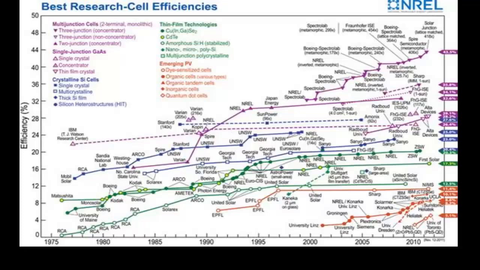Hence, there is a case to be made for thin film when diffuse light and temperature are critical factors, or crystalline when energy density is a top criterion. However, it can be dangerous to make general assumptions, and RETScreen is an excellent decision-making tool to evaluate which solution offers the best financial returns.